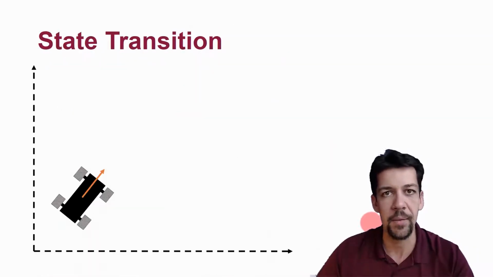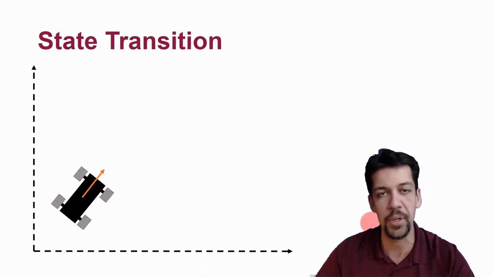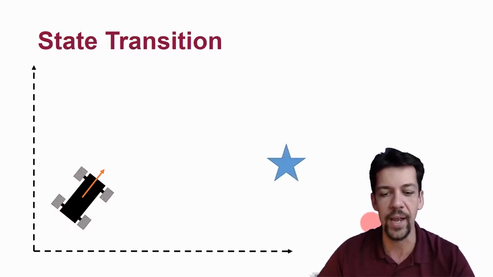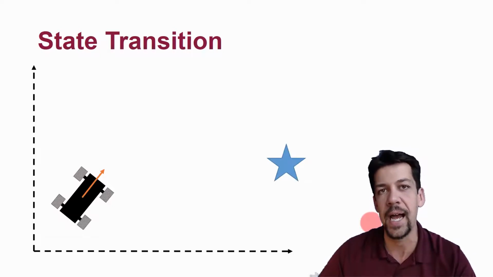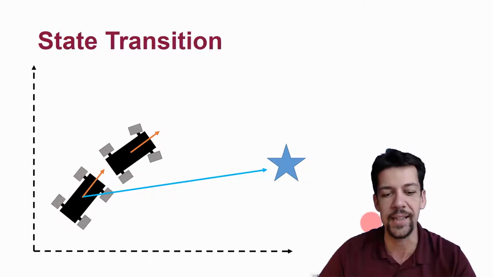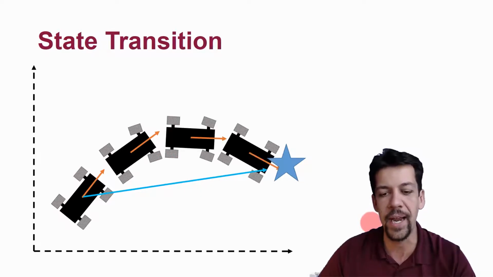The whole idea behind path planning is to figure out what the state transitions between our situations are. So for example, if we start off with an orientation of our car that looks like this, and we have some goal that we want to reach, how do we figure out how to take intermediate steps to hit that goal one at a time and achieve it?